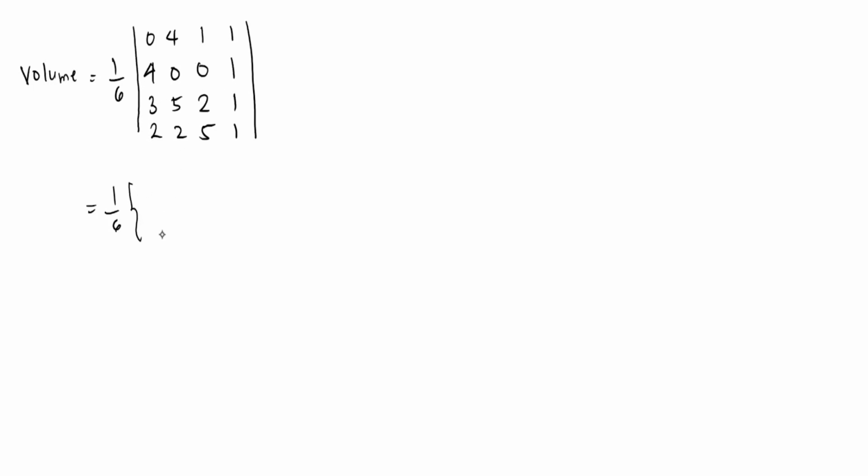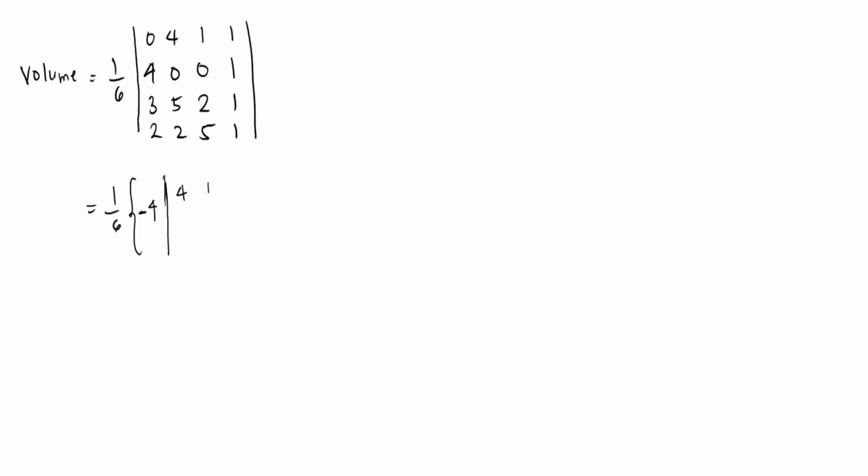So we have 4, and this position here is negative because this is in the second row and first column. So that will yield a negative 1 to the exponent 3. So that's negative, so we'll write down negative there. And then we multiply by the determinant of the matrix obtained by deleting this row and this column.